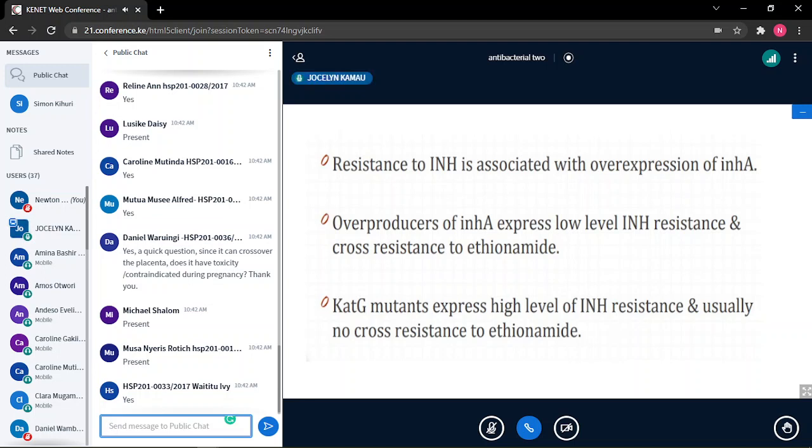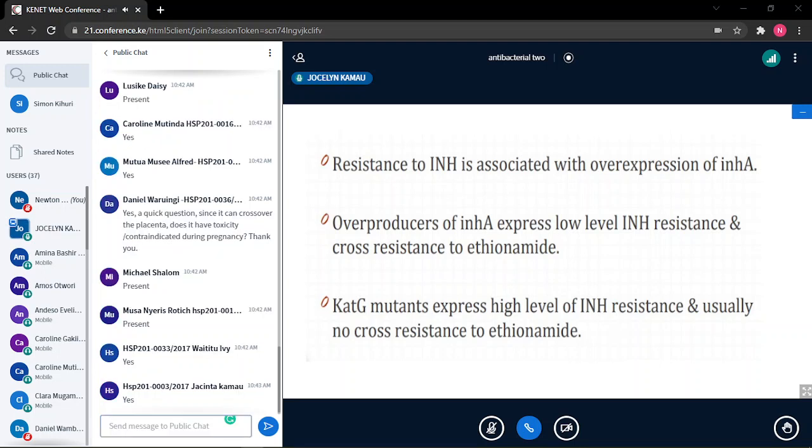Most of these patients, when they have TB, are advised to use all the possible methods of contraception so that they don't get pregnant, because it becomes a big problem. There are people who even deliver and the kids get TB, and you can't treat the young one.